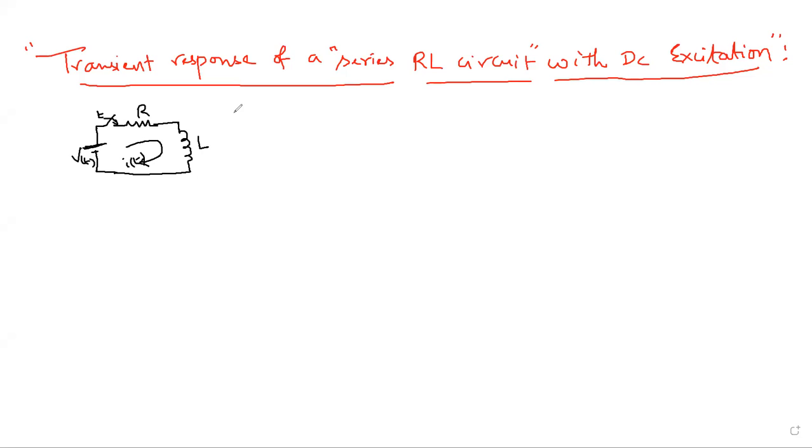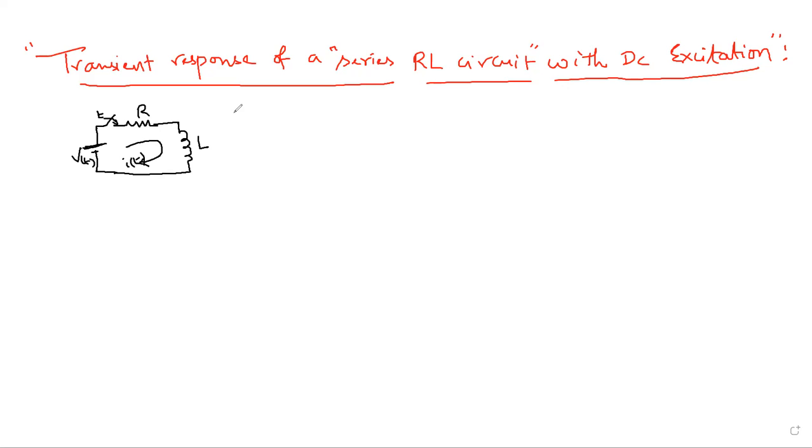In between them, how do the parameters, your I of t and V of t, current and voltages, adjust to the new conditions imposed by the given voltage source?